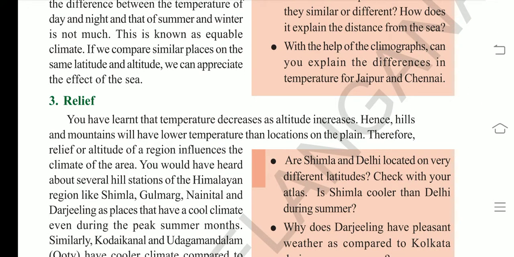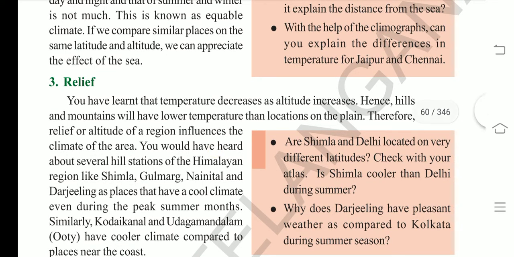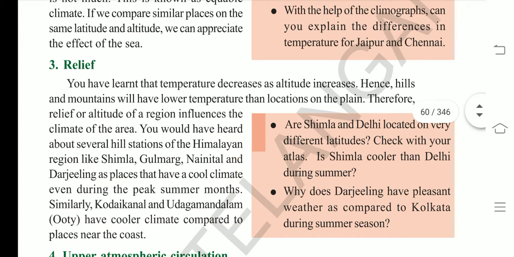Okay, you know that temperature decreases as the height, that is altitude, increases, right? On the hills and mountains there will be lower temperatures than the temperatures on the plain areas. Therefore, altitude of a place influences the climate of an area, right?